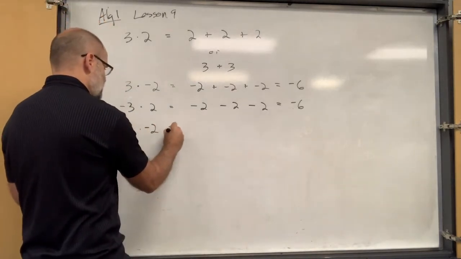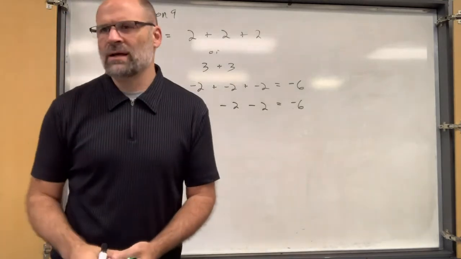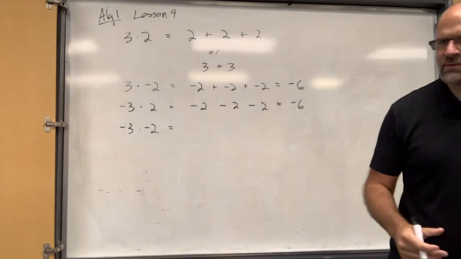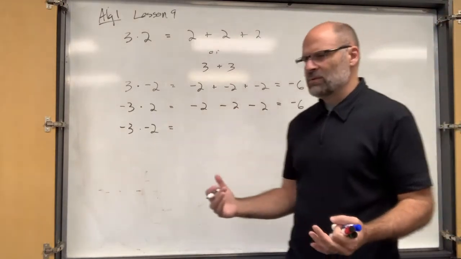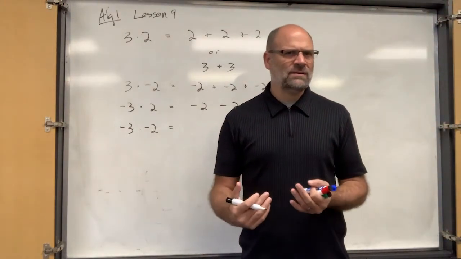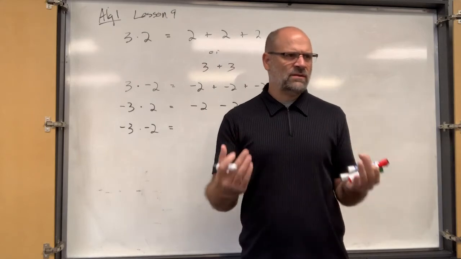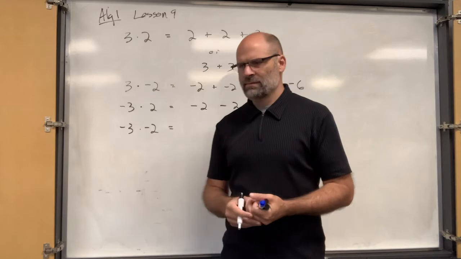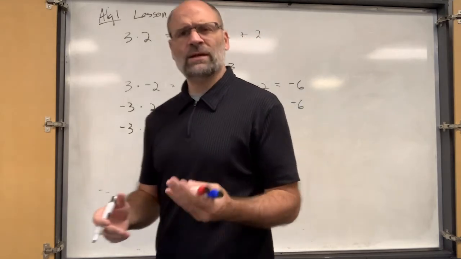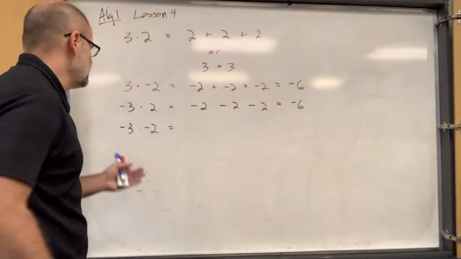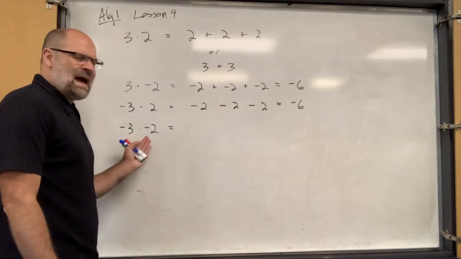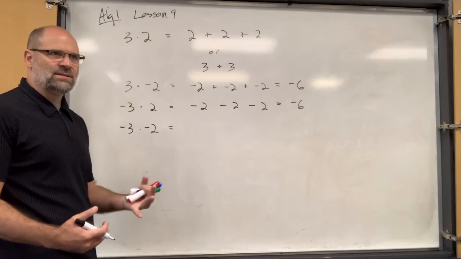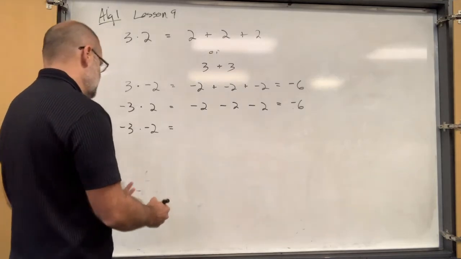So that leads us to -3 times -2. For a while I was trying to see if anyone knew how to explain why mathematically 2 negatives make a positive when you multiply them. And no one really had a good explanation. But I like this idea of you're adding -2 -3 times. So remember, when you're adding something a negative amount of times, you're subtracting.